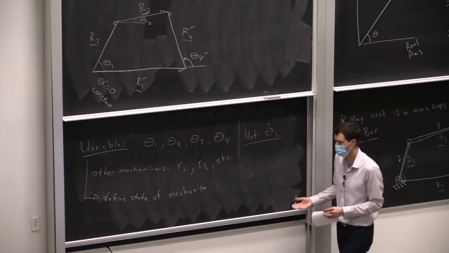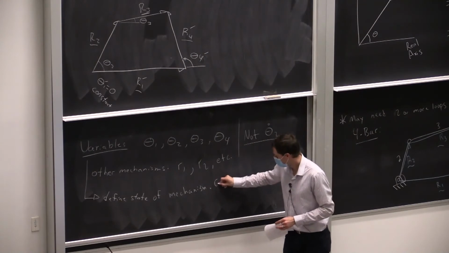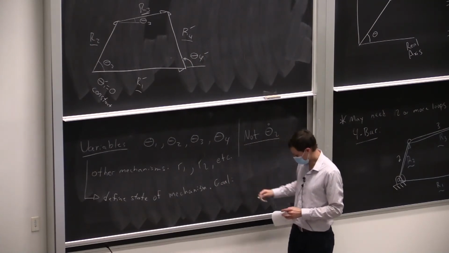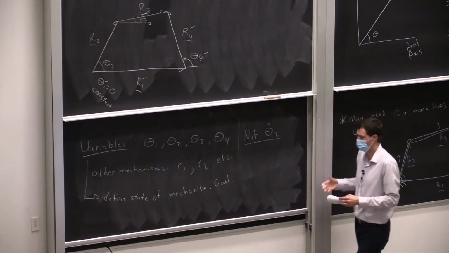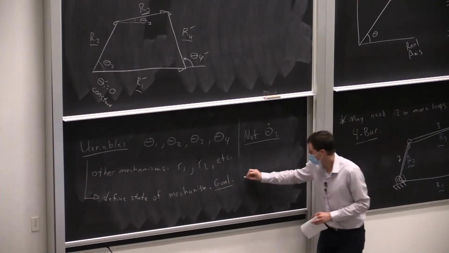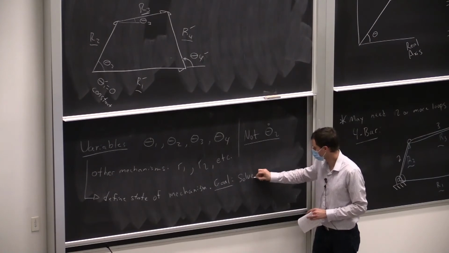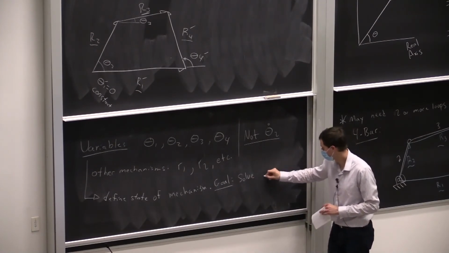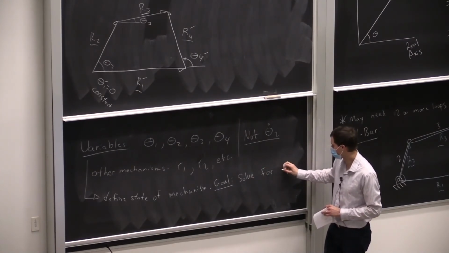Okay, and the goal of our analytical study is to solve for the unknowns. So the goal of this whole vector loop method is to solve for unknown variables as a function of inputs, the known ones.